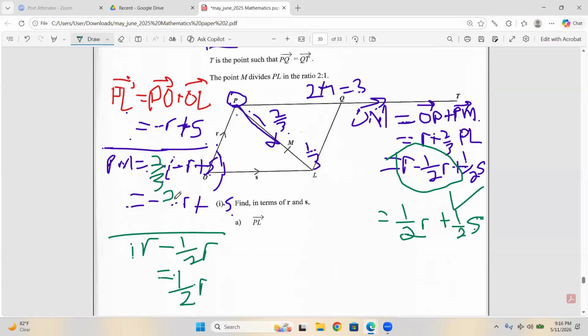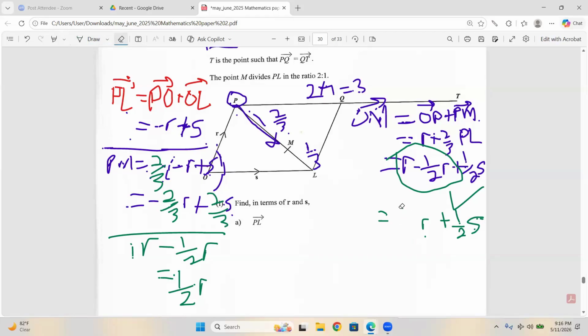I put in the wrong fraction. So this here will have to change for sure. I'll have to change it from here and see what else I need to fix.